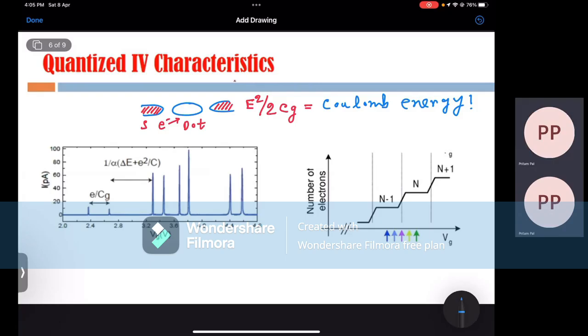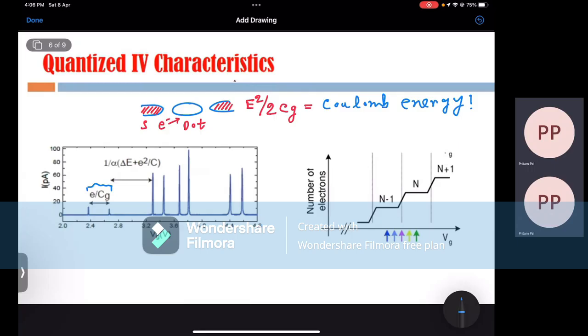And that energy will be provided by applying a suitable potential. So that way the energy is quantized. The energy which makes an electron jump to this dot is quantized, right?